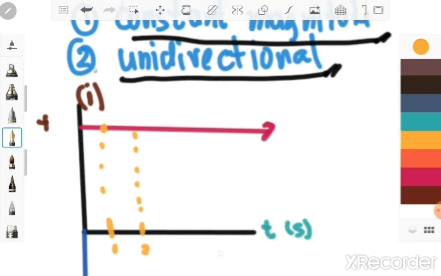And then the current at 3 seconds is equal to the current at 1 and 2 seconds. When I say constant, it will never change. That is your direct current. It is an electric current that is unidirectional, so the flow of charge is always in the same direction.